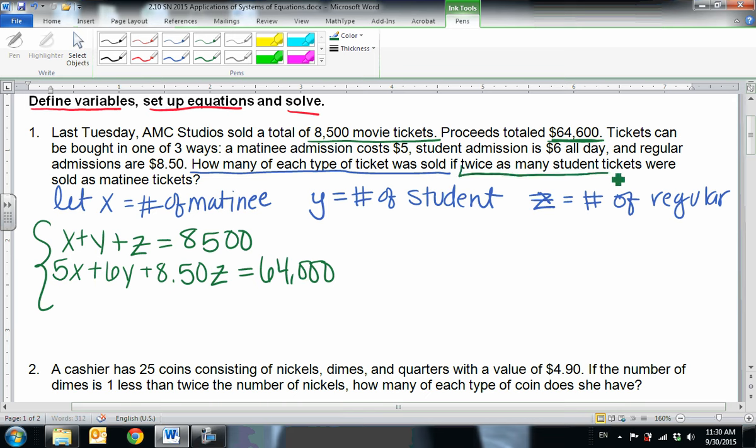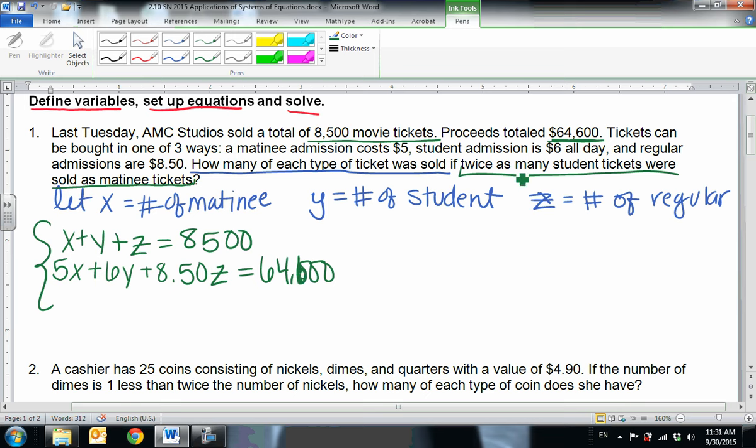All right, this part's the tricky part. Twice as many student tickets were sold as matinee tickets. So when you get one of these, here's how I think about them. Well, you heard my lament about not having an eraser, so that's a 6 right there. 64,600. Thank you. All right.